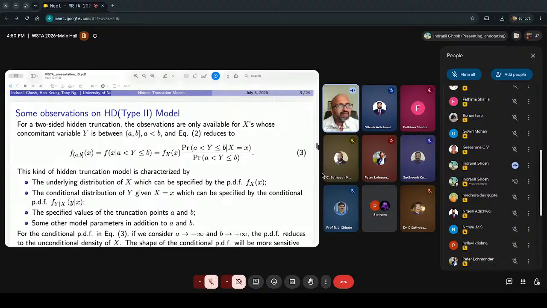In all my works, as well as the scholarly works that I have seen, I haven't seen a discussion on whether there is any relation or interdependence between the actual model parameters and the truncation points, or to what extent they influence the efficiency of the estimation.